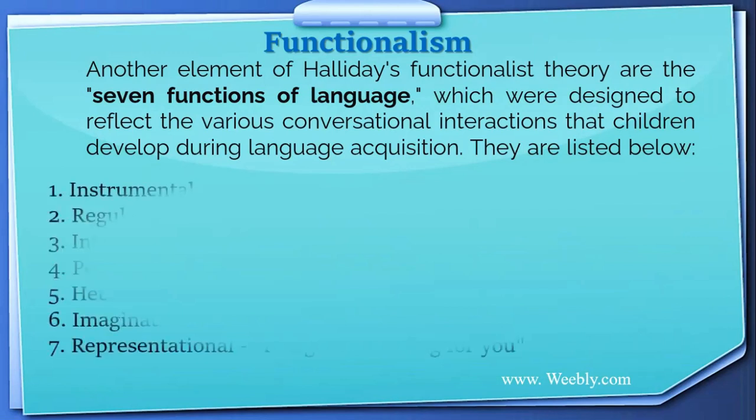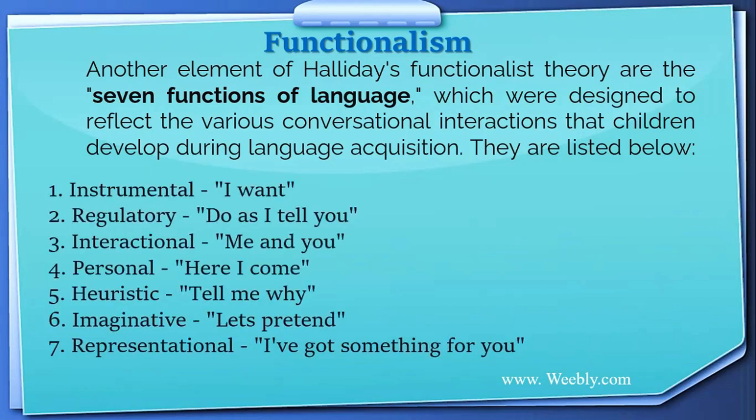They are listed below. Number one is instrumental, then regulatory, interactional, personal, heuristic, imaginative, and representational. There are a number of sentences I have used to show what these functions are according to Halliday.